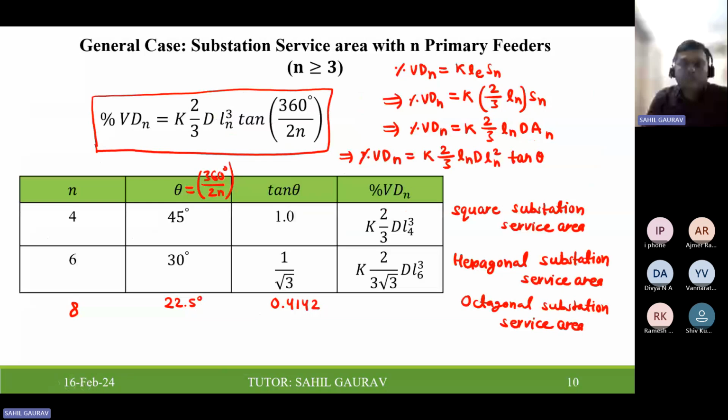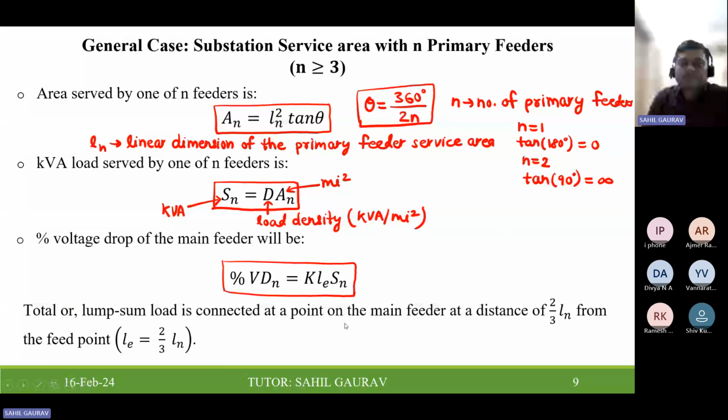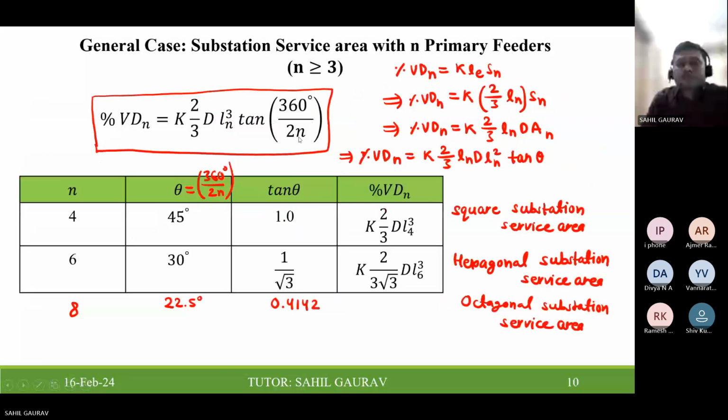Then you will get this term K into 2/3 D ln cube tan 360 degree upon 2n. This is what I have shown here also. This first one is K L E into Sn.